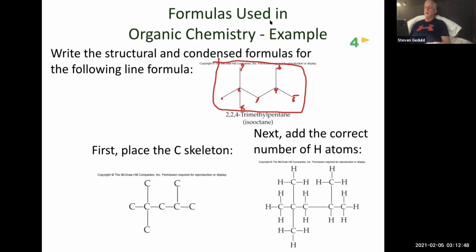You want to draw the structural formula for it and the condensed formula? You have a carbon at the end right here. This one here will start right here. That's CH3. Goes to another carbon. I didn't put the line in there. CH3, there's another carbon.